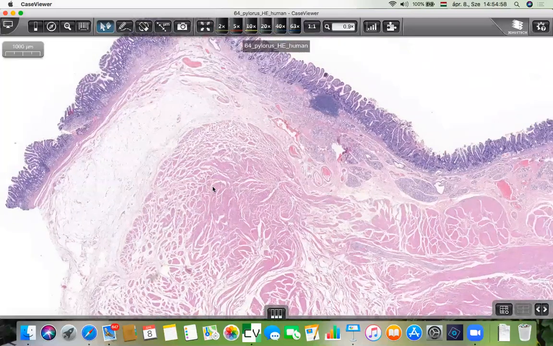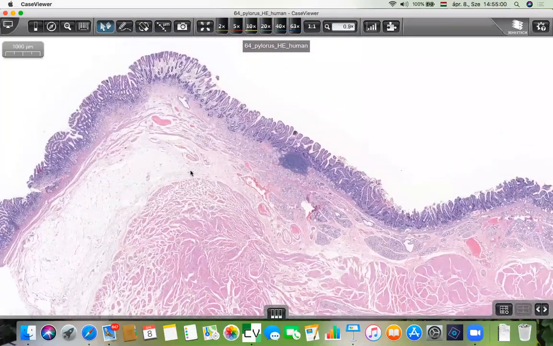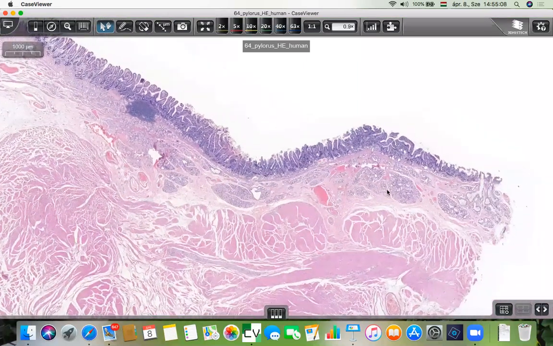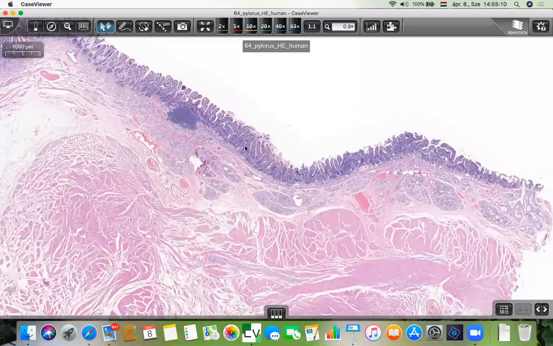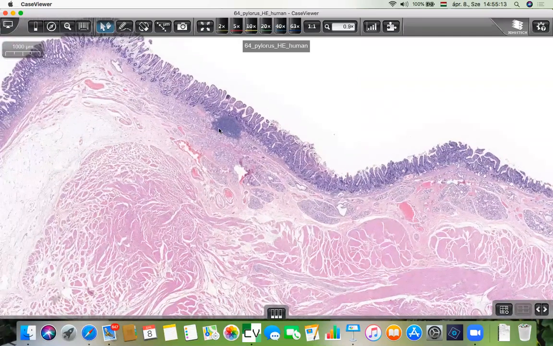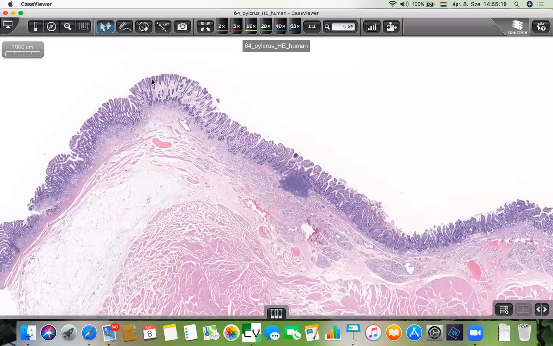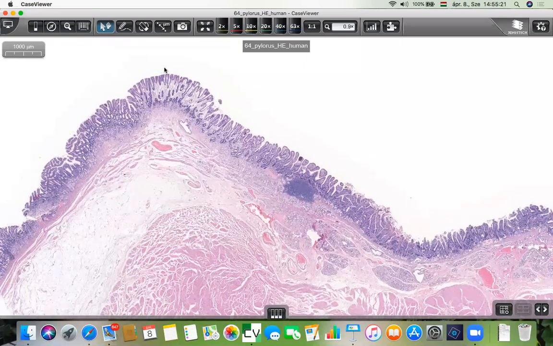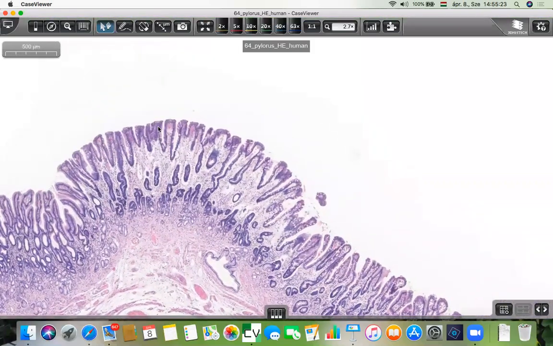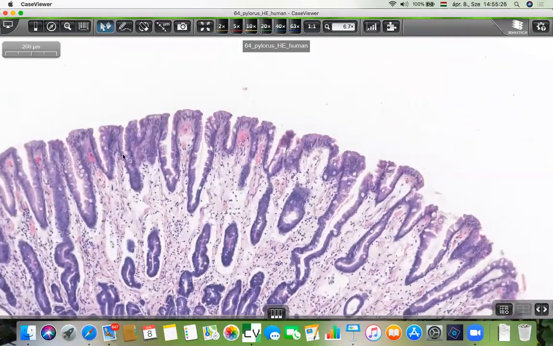On small magnification, just looking at the surface or underneath the structures, we can see these numerous islands here. These are the Brunner's glands. Therefore, this is the small intestinal portion, and that is the stomach portion. When we look at the surface, this is the typical view of the gastric pits.